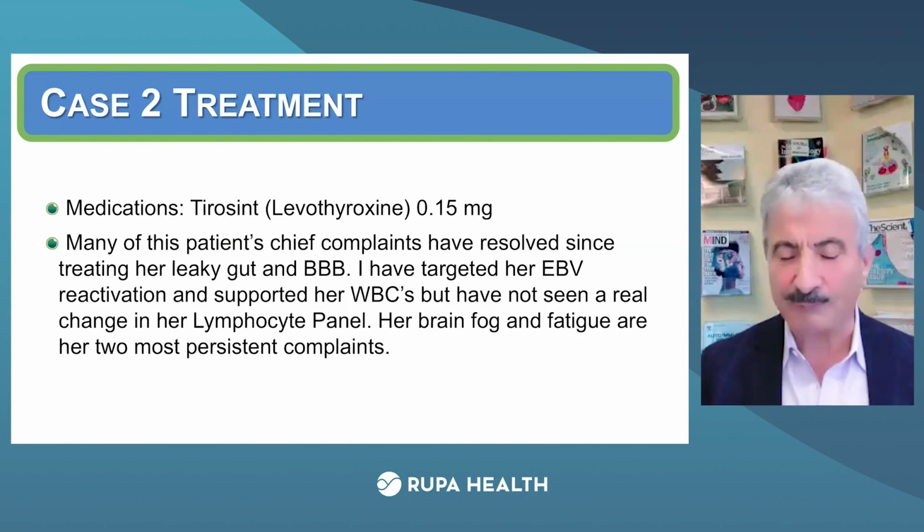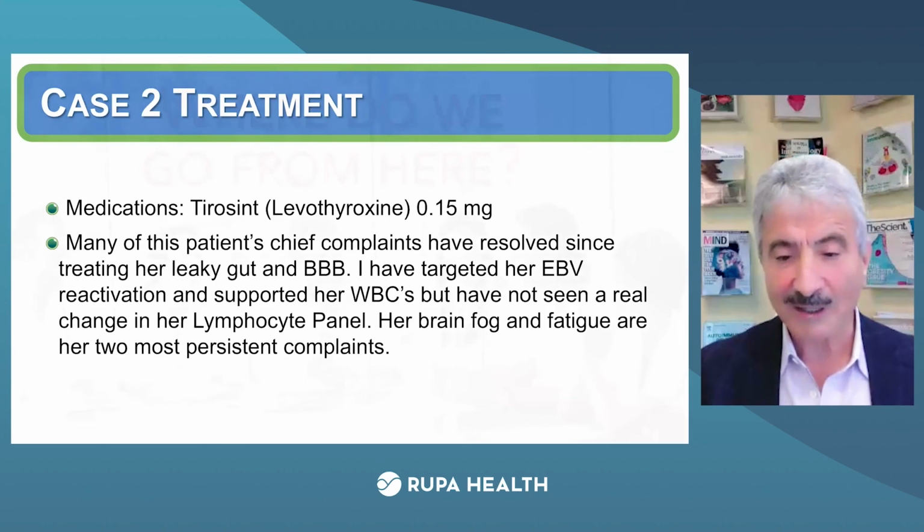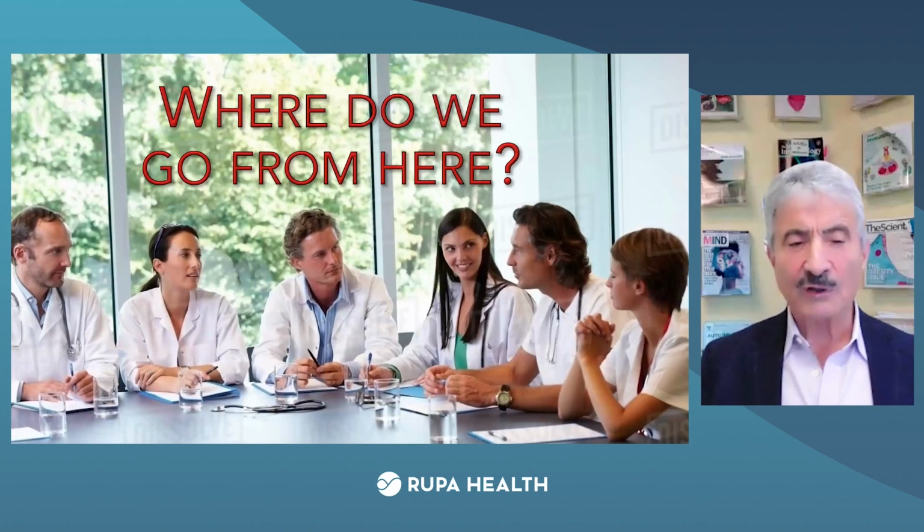There was some improvement. Her brain fog and fatigue are the most persistent complaints. And again, because we have seen elevation in synapsin or neurologic antibodies. So the question was asked, where do we go from here?